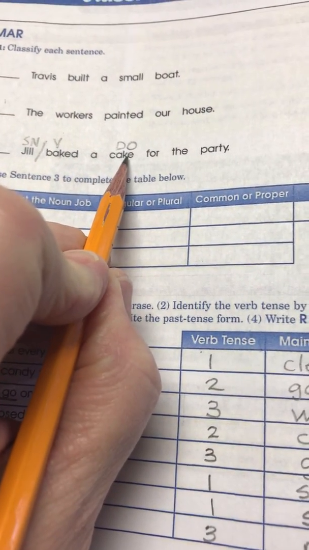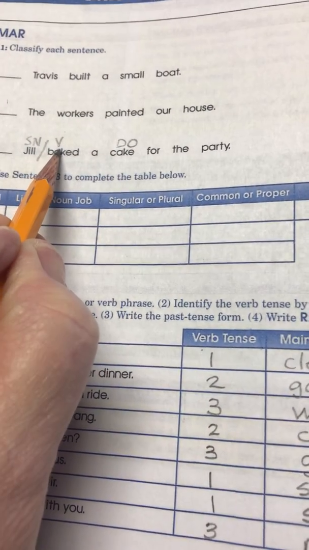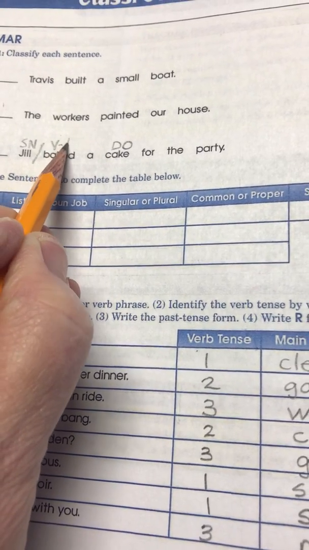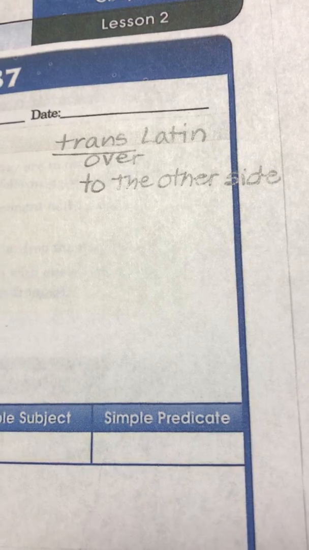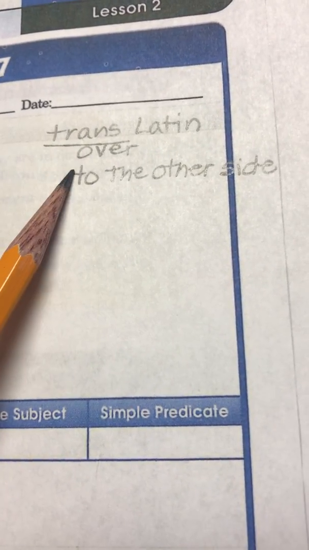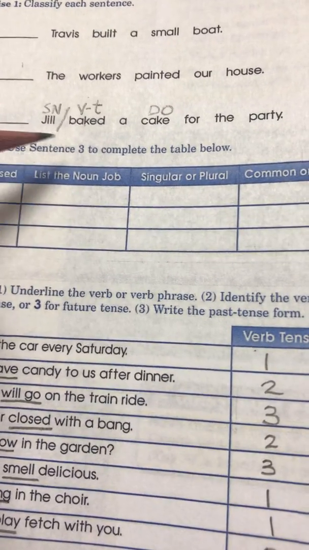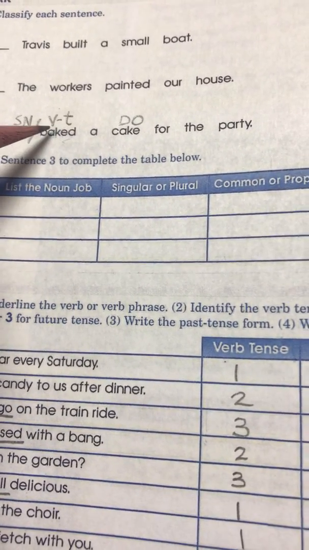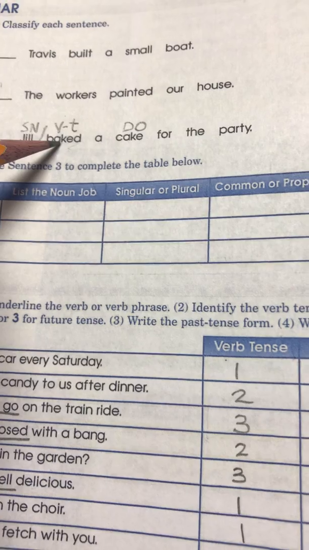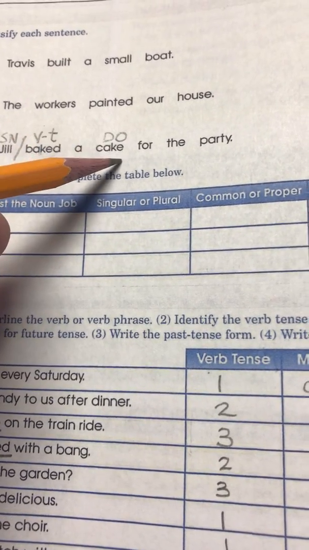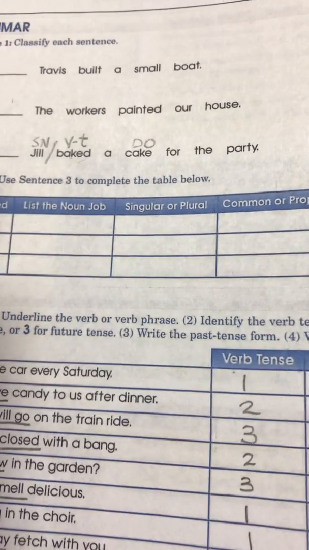That means if cake is our direct object, we come back to our verb and we make that into verb transitive. Remember in the Latin, trans means over or to the other side. So it means that we're taking our action from bake, and what is it that she baked? She baked a cake. So that's the direct object.